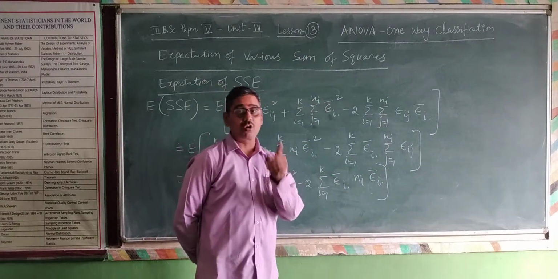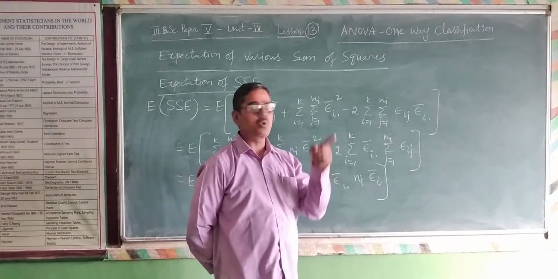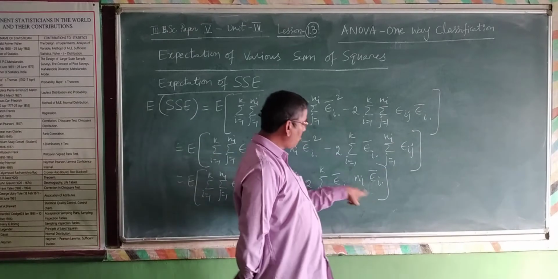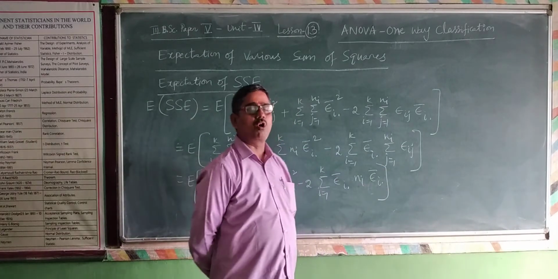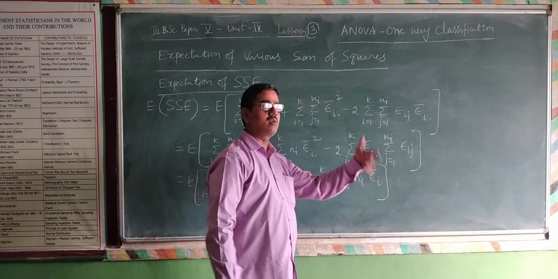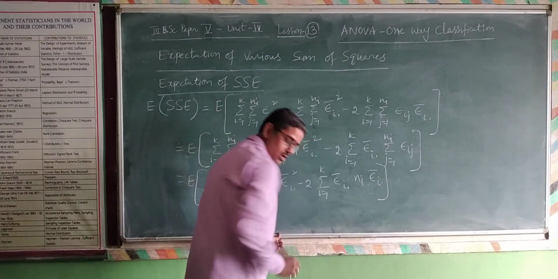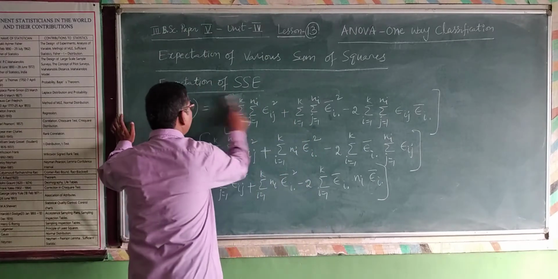Epsilon bar i dot is nothing but 1 by ni summation j equal to 1 to ni epsilon ij. Therefore, it is ni into epsilon bar i dot, and then into epsilon bar i dot gives epsilon bar i dot square. So this is what I write in another step.